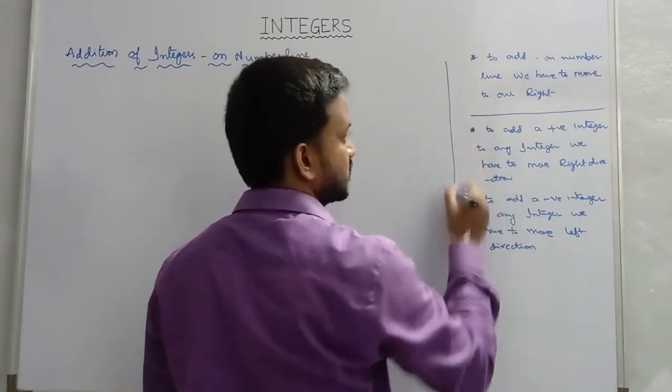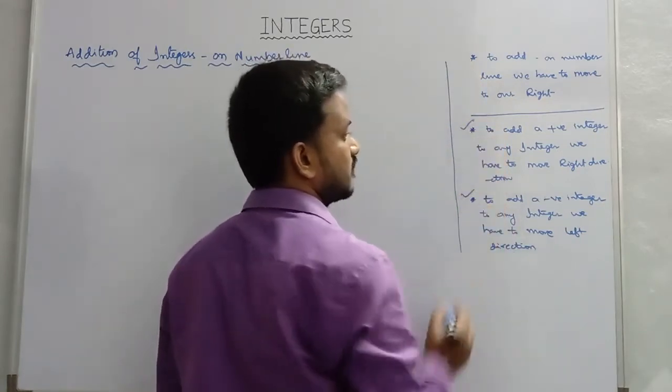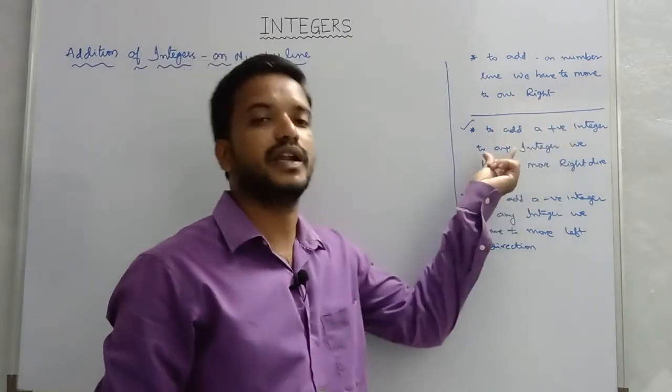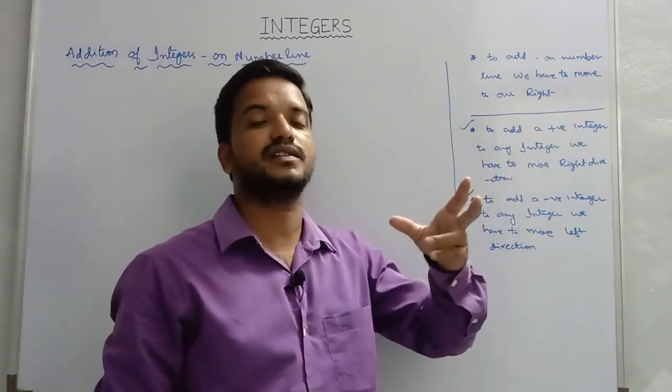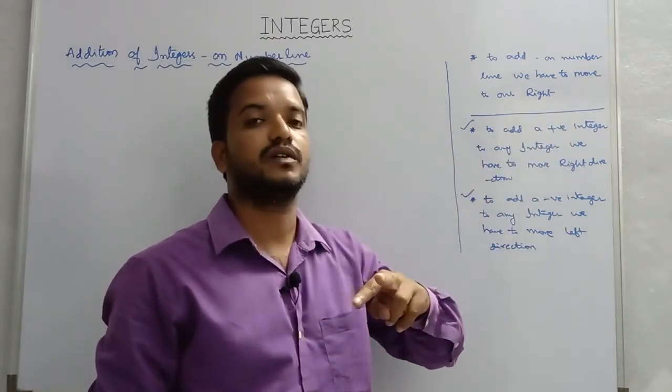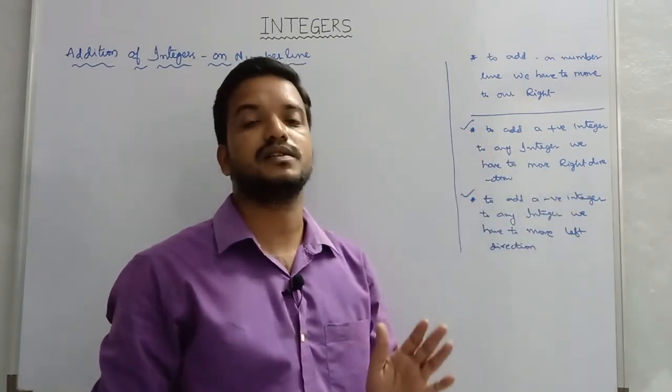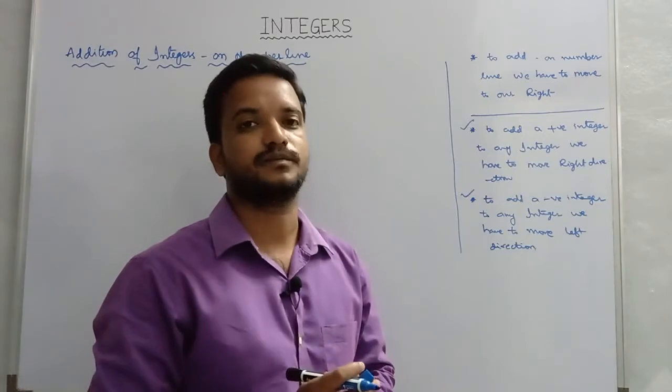Okay, so these 2 points how to remember. What are they? To add a positive integer to any integer, in the sense either it is positive or negative, we have to move right direction because the values are increasing.